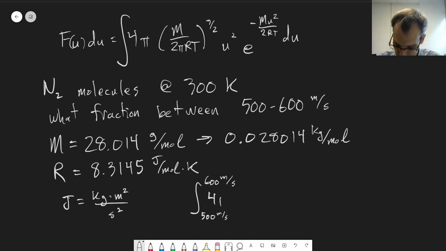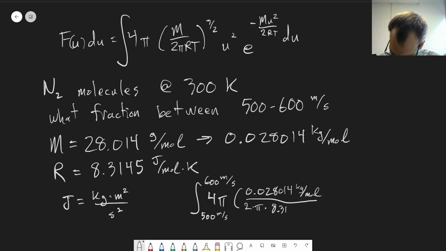Okay, so then we have 4 pi times 0.028014 kilograms per mole divided by 2 times pi times 8.3145 joules per mole Kelvin times 300 Kelvin, all that raised to the 3/2 power, times u squared.